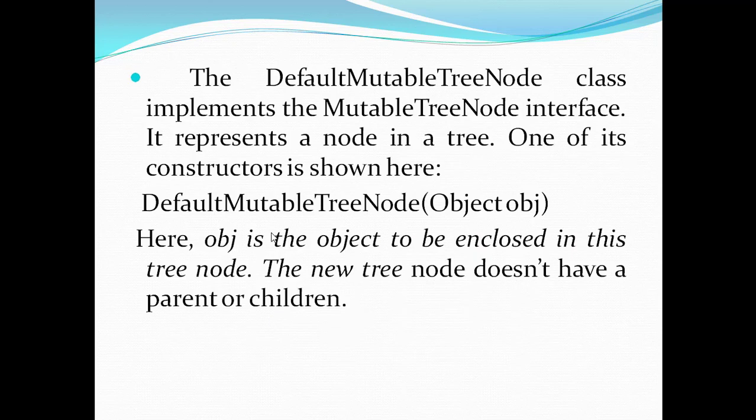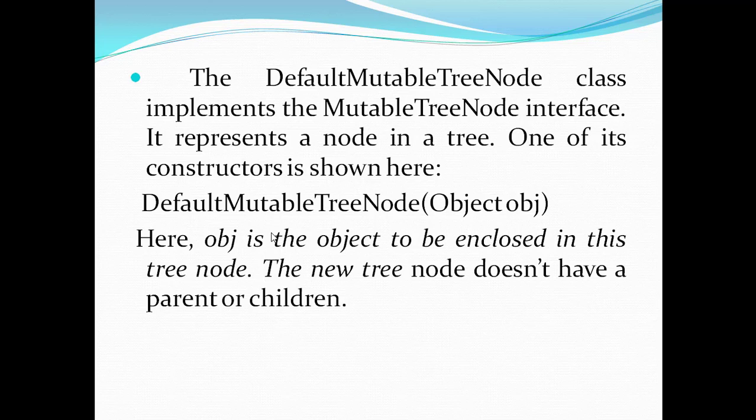The DefaultMutableTreeNode class implements the MutableTreeNode interface. It represents a node in a tree. To create nodes, we need to implement the MutableTreeNode interface by using the class DefaultMutableTreeNode.